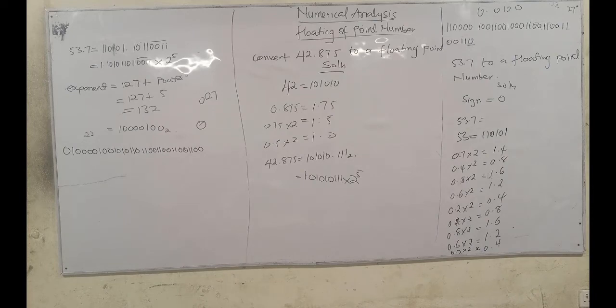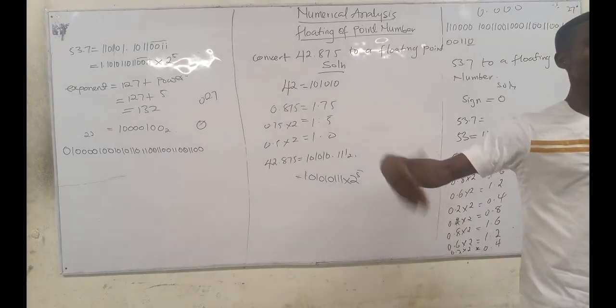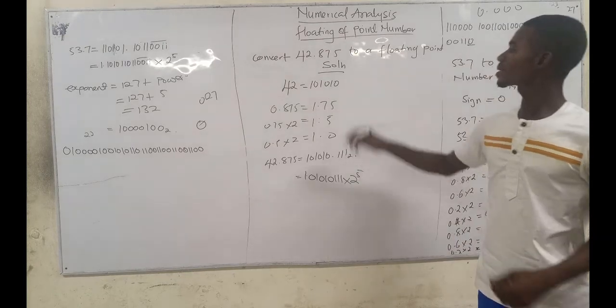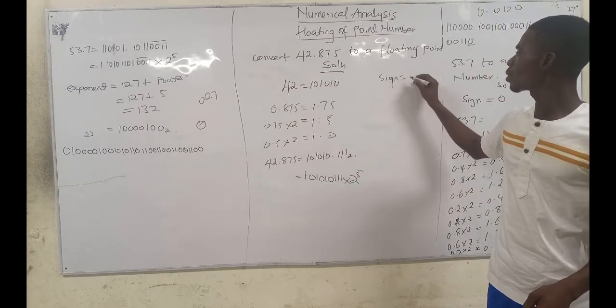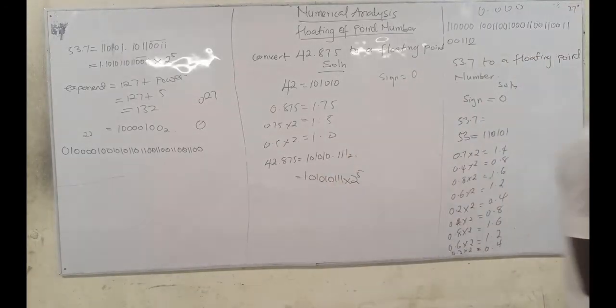The 32. After writing the mantissa, the rest of them should be what? 0, 0, 0, 0, till you get the 32-bit restriction. Please, I hope we are okay with it. The sign is positive, so it should be 0. So we start from 0.